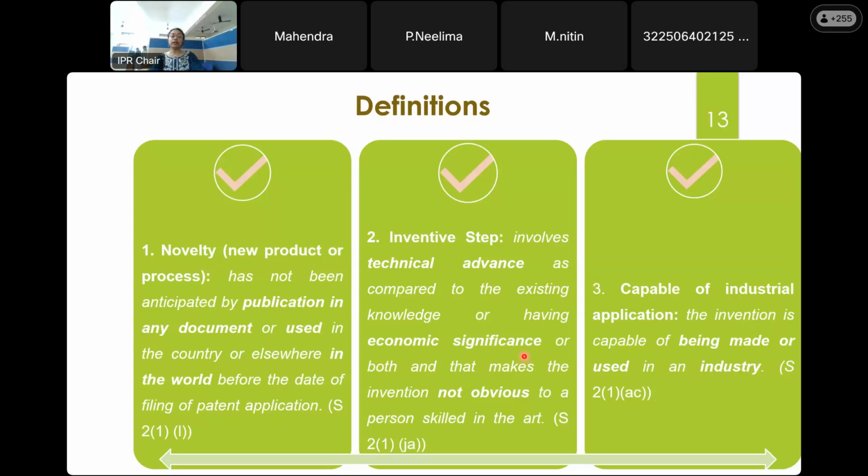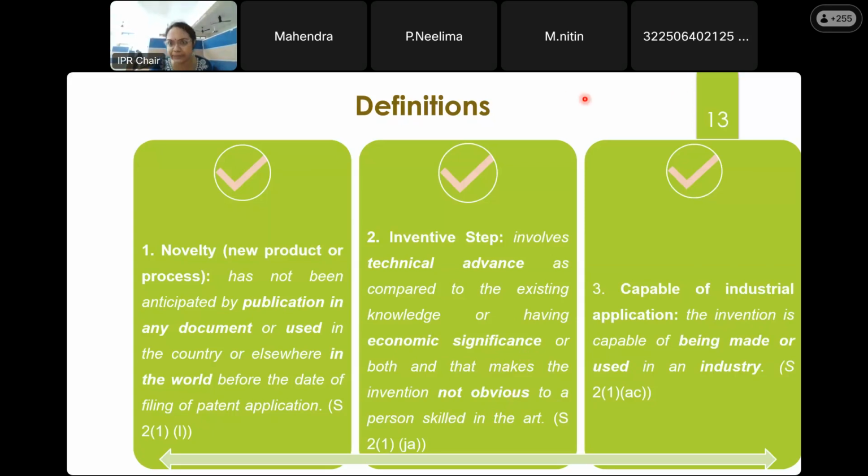Or if earlier that was taking 1 day to make, and now you are able to make it within say half an hour, that is also reducing a lot of labor and time. So that also has economic significance. And when the whole thing is not obvious to the person skilled in the art, in that case we say it has got an inventive step.